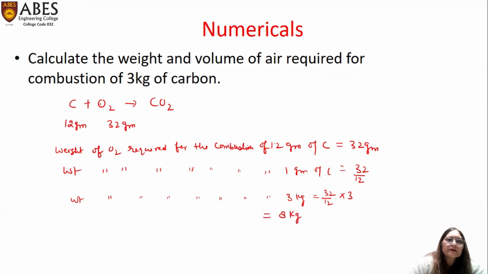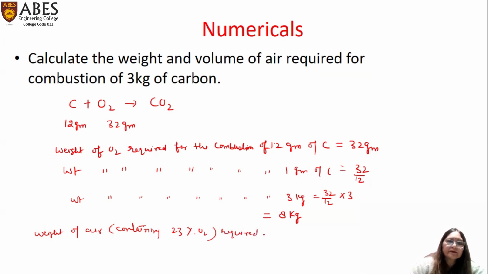Now calculate the weight of air, containing 23% oxygen by weight, as I told you before.